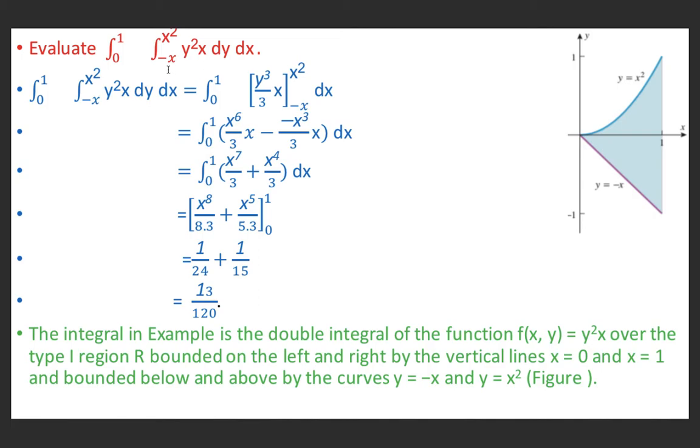Here y varies from minus x to x square and x varies from 0 to 1. This is the diagram. This is the curve y equal to x square, and this is the line y equal to minus x, and x varies from 0 to 1. So we are required to find the double integral over this region.